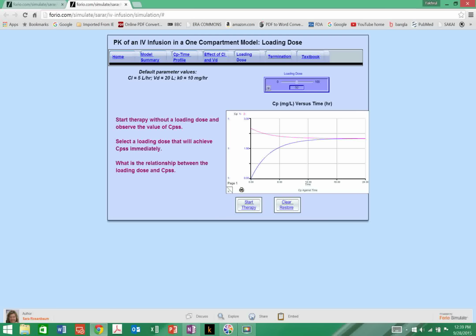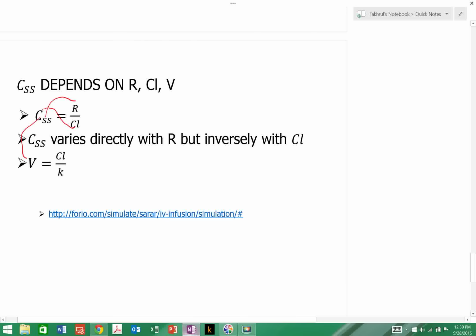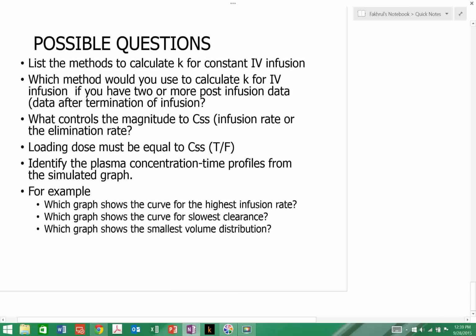So now let's go back to some questions. First, I want you to know these are some of the questions you will see in tomorrow's course. These are the methods to calculate K for constant IV infusion. We have learned about 3 methods. One is to use t-half.